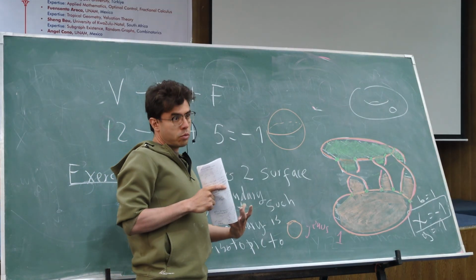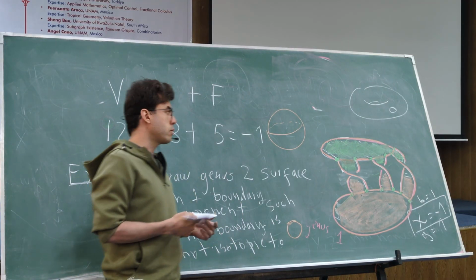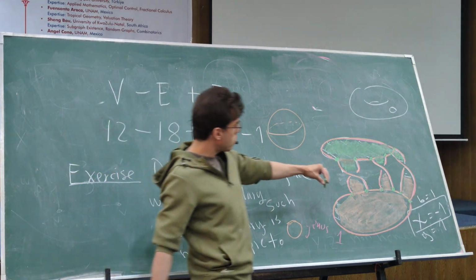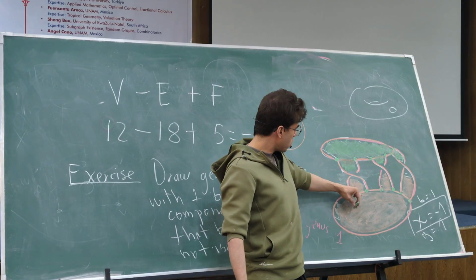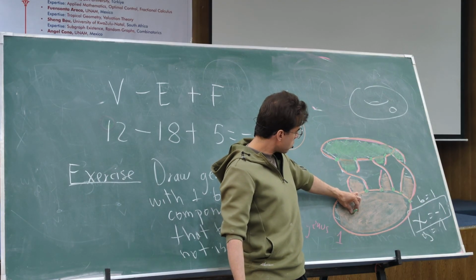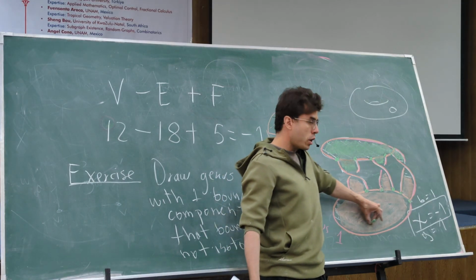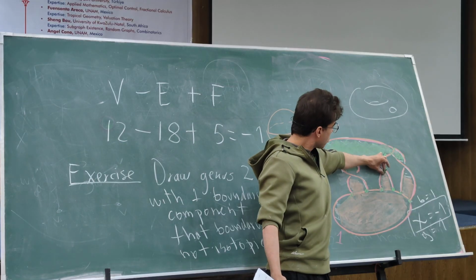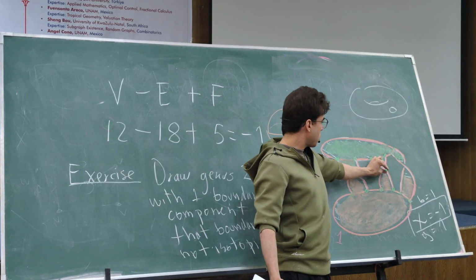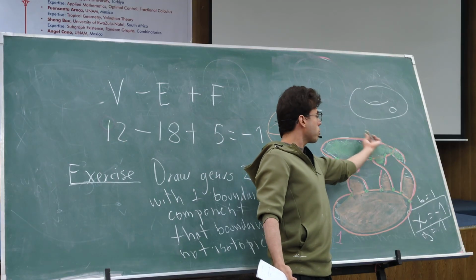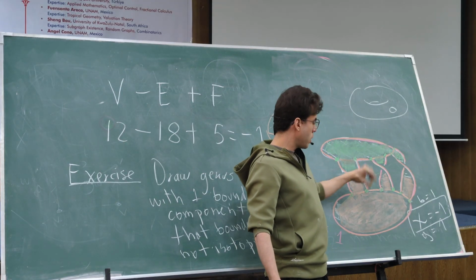But mathematically it's more difficult to define. One way is that we can put a nontrivial normal vector in a continuous way everywhere. So here the normal vector comes back, but we can do that.